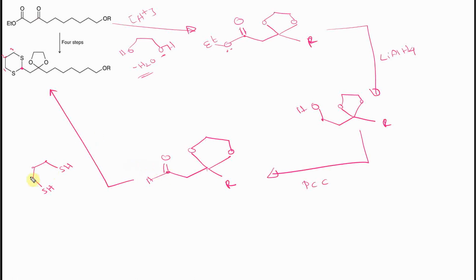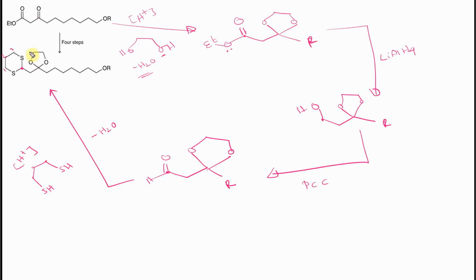If you use a catalytic amount of acid again and remove water to make it a one-sided reaction with the propane-1,3-dithiol, you will get this aldehyde group converted to the thioacetal. So this is the overall scheme: step 1, step 2, step 3, and step 4.